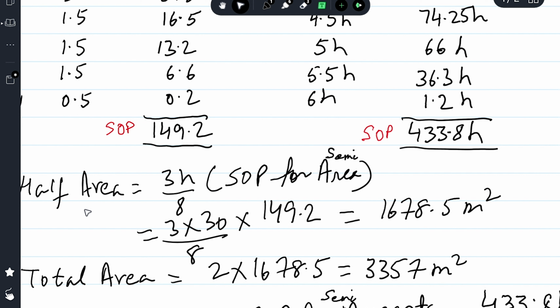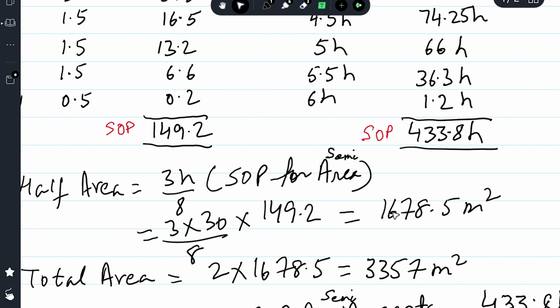I apply the formula now, since I had half ordinates, so I will get half area. Simpson's second rule: 3 by 8 H into sum of the product for semi area. H we have calculated is 30, so 3 into 30 upon 8 into sum of the product for semi area, which is here, 149.2.